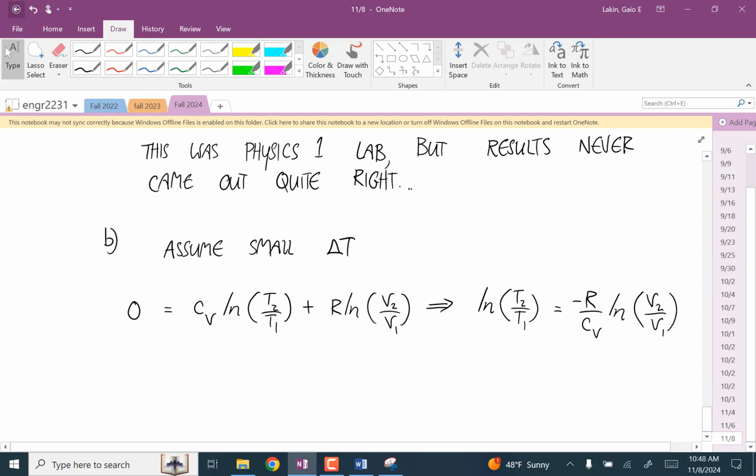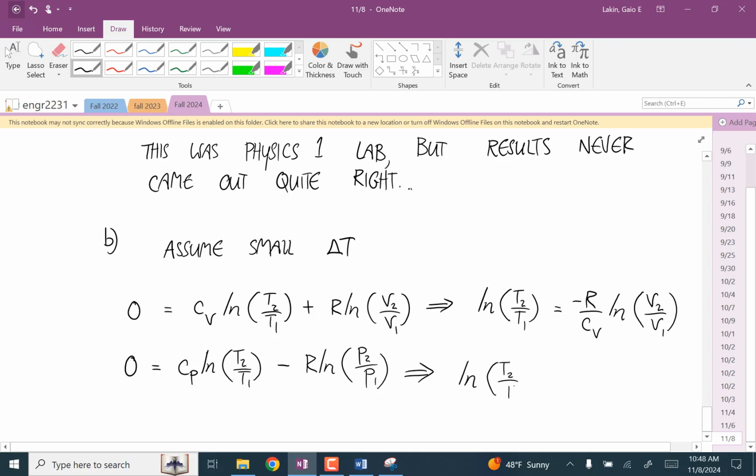And we'll use the other equation that says 0 is equal to Cp times the natural log of T2 over T1 minus R times the natural log of P2 over P1 this time. And I'll rearrange that one also for natural log of T2 over T1.